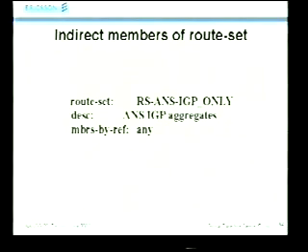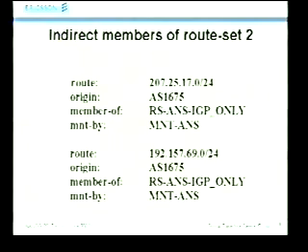This members-by-ref here points to a filter. The value of this filter can be ANY, or it can be a maintainer. Okay? So here I am saying that in this route set, any route that wants to can be in this route set.